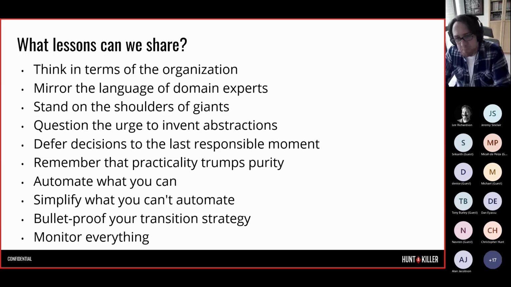My next lesson is to stand on the shoulders of giants. Far too often, we as developers and we as problem solvers try to end up reinventing the wheel. We're trying to think that we can build something in-house or do something better, or frankly, maybe even not be aware of the fact that a solution to a problem already exists.